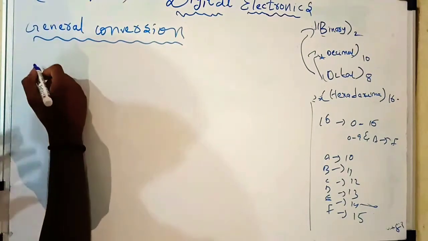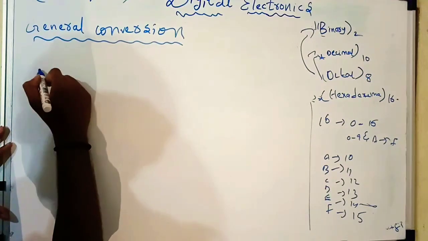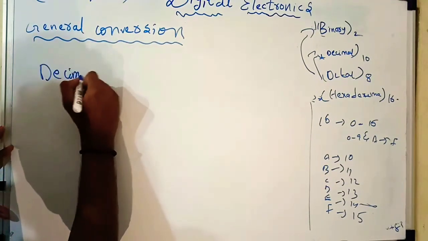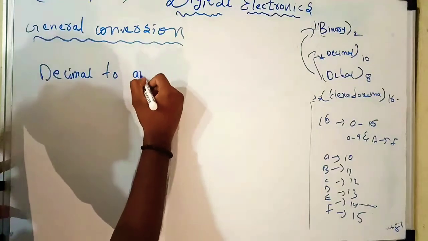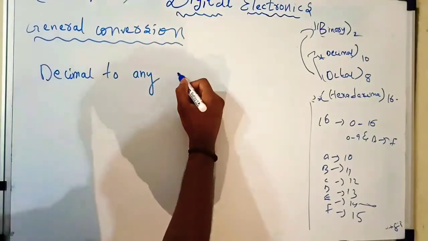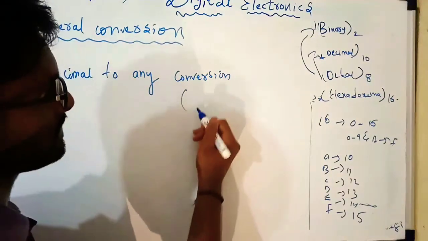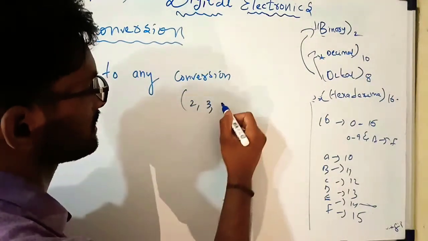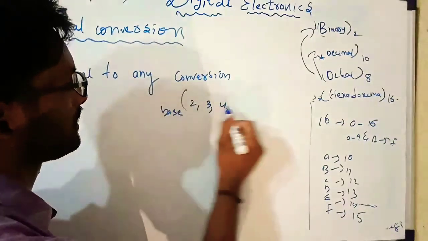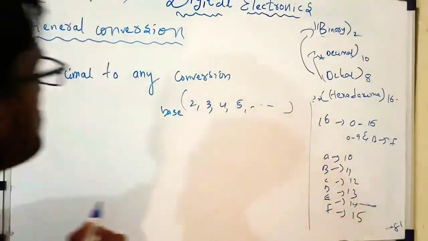But here we will convert a decimal value to any base, which means the base may be 2, 3, 4, 5, and so on, any base.